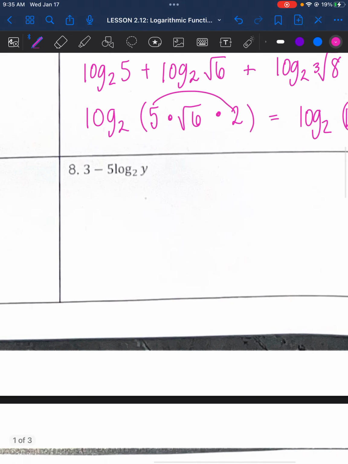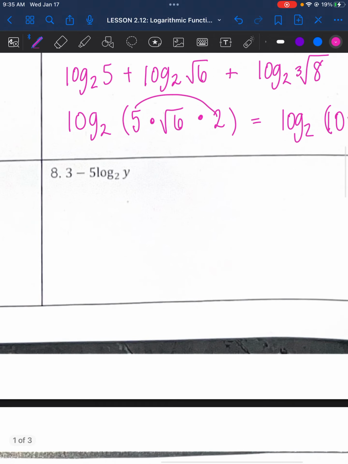So same thing here on number 8. I need to rewrite this 3 so that it has a log base 2. So 2 to the third power is 8. So log base 2 of 8 is equal to 3. So I can switch them up.